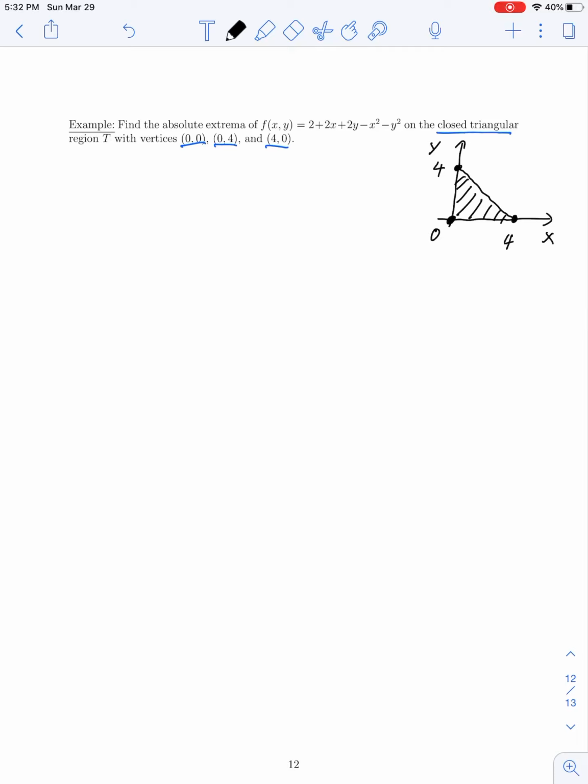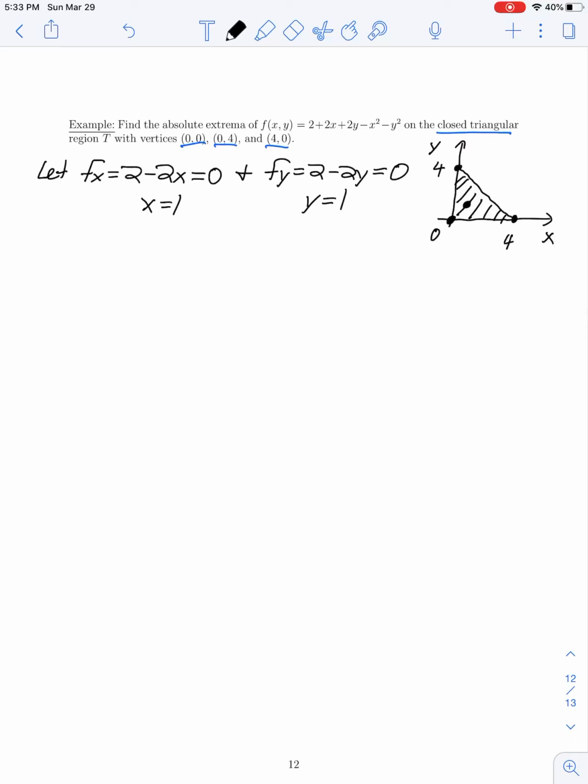So to find the absolute extrema of this function over that set, we're going to start by looking for the extreme values in the interior of our set. So here, let's look for our critical points of this function. If we take our partial derivative with respect to x, we have 2 minus 2x, and we're going to set that equal to 0. And our partial derivative with respect to y is 2 minus 2y, which we also set to 0.